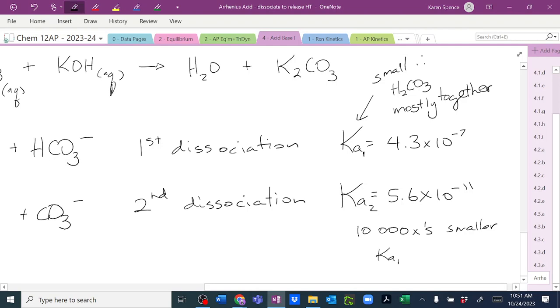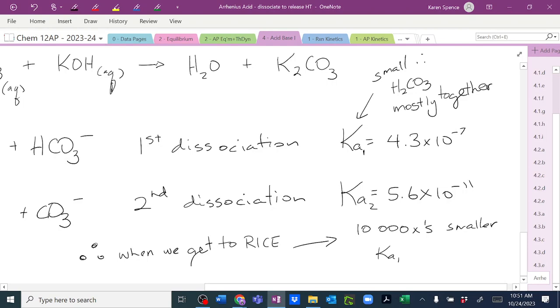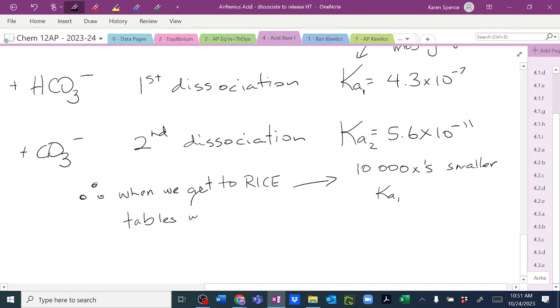So how important is Ka2 compared to Ka1? Not very. So if we were to start doing some ICE tables, some RICE tables with some of these things, we would just look at the first dissociation and ignore the second one because the second one is unimportant. So when we get to the RICE tables, we will only consider the first dissociation, and we'll just ignore the second one because it doesn't matter.